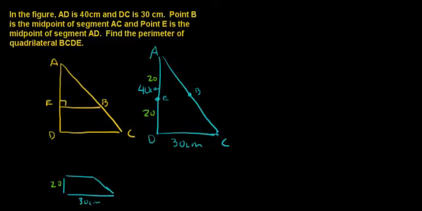If we pull out the smaller triangle, because we're going to need the smaller triangle as well, what do we have on the smaller triangle? Well, we know we have A, E, and B, and we know we have 20 centimeters here. What we need to find is this. That's the next step.